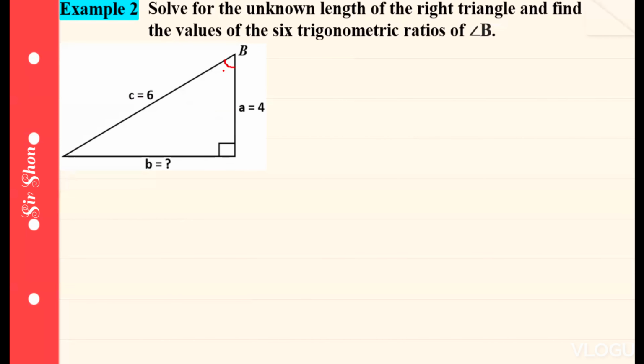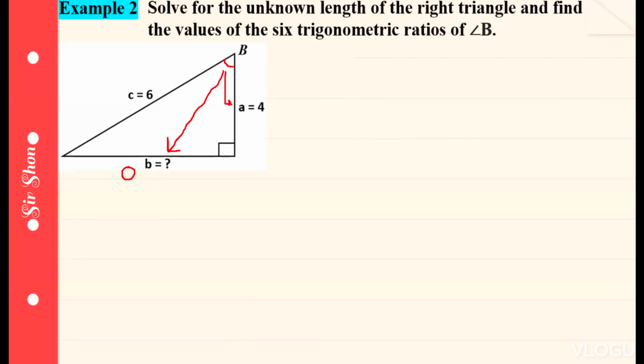Again, the side that is opposite to angle B is the opposite side of the triangle. And the side that is next to an angle is the adjacent side, or we write the label letter A, for adjacent. And always remember that the side that is opposite to a right angle is the hypotenuse.